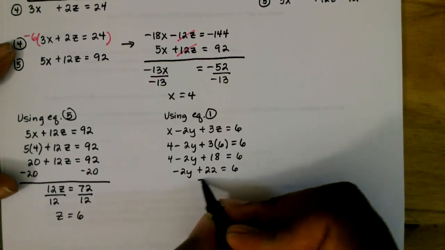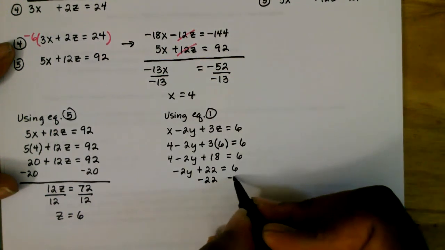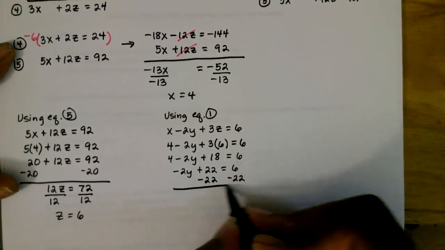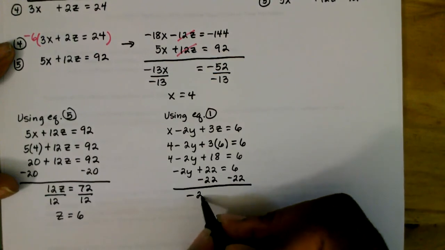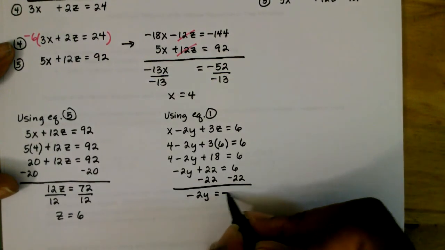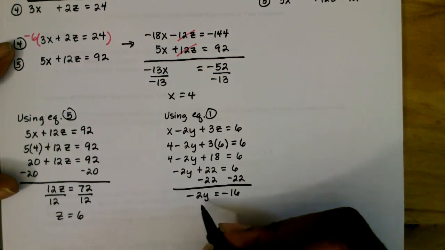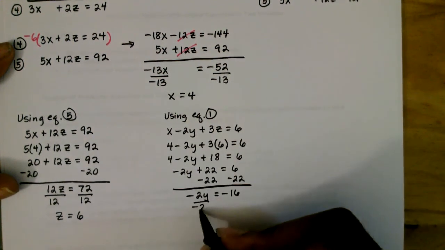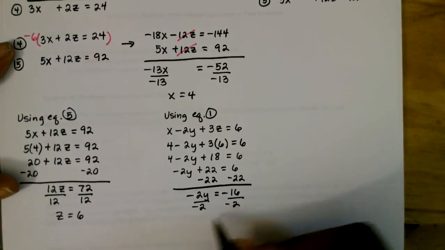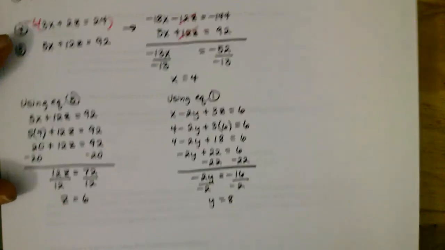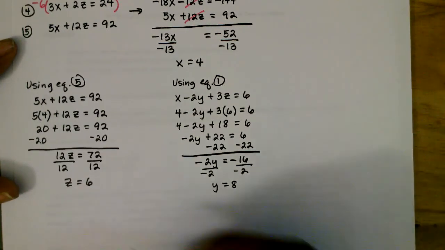And then to get -2y by itself, I have to subtract 22 on both sides. So that's going to give me -2y is equal to -16. And then divide both sides by -2. You'll get y is equal to +8. Okay, so we got x, y, and z.